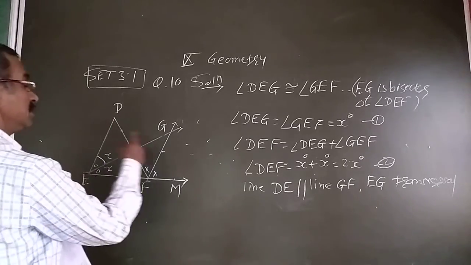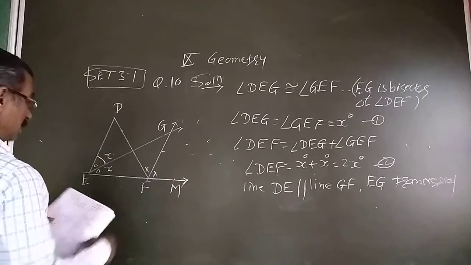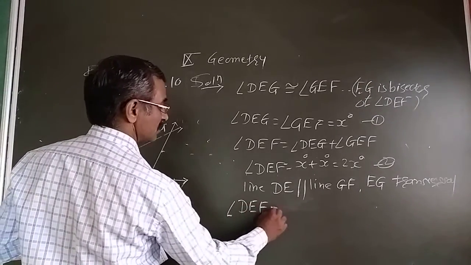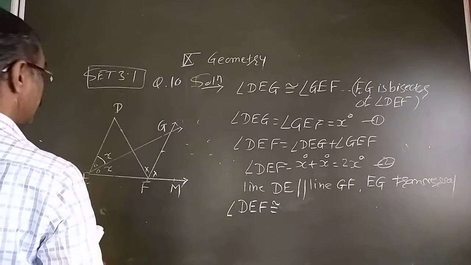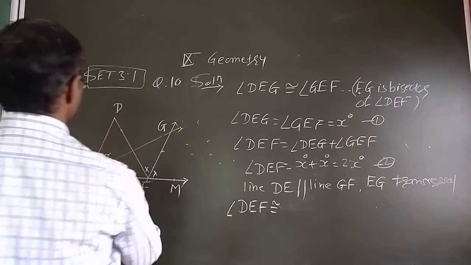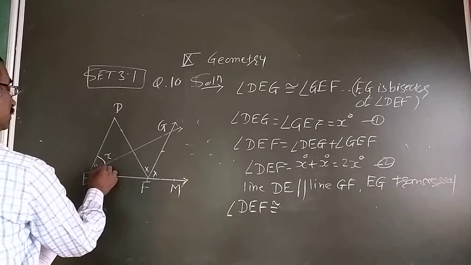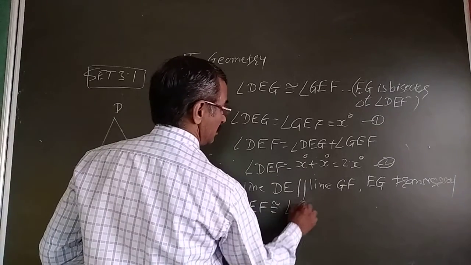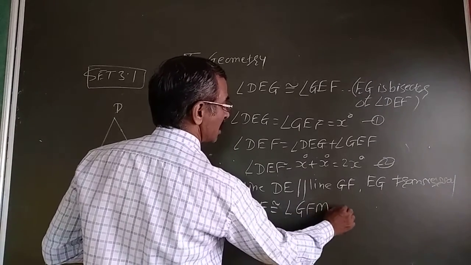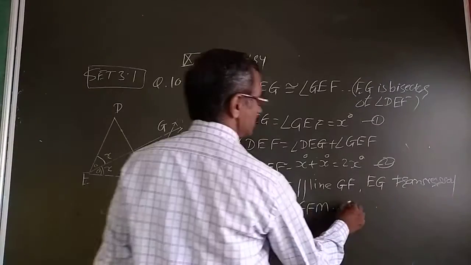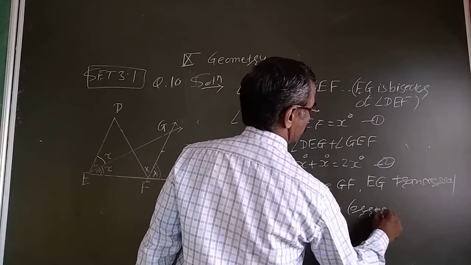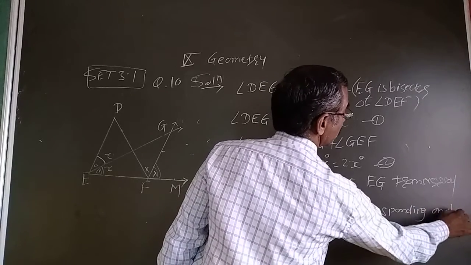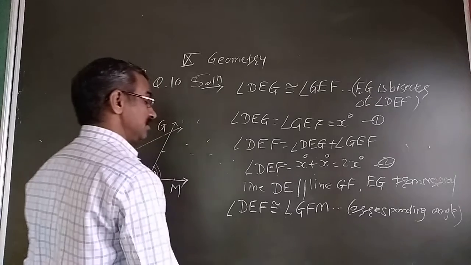Therefore, angle DEF is congruent with angle GFM. These two angles are congruent because they are corresponding angles of a transversal of parallel lines.